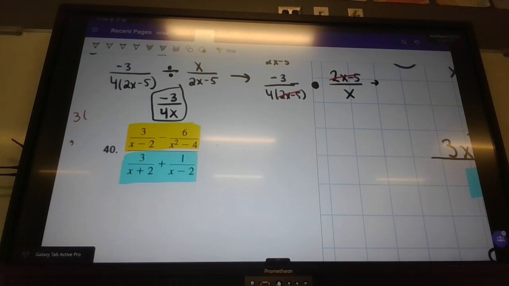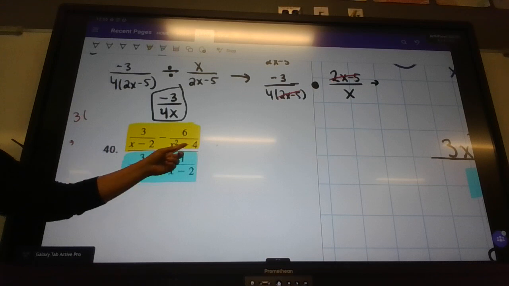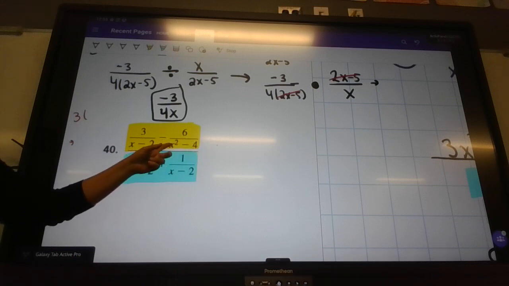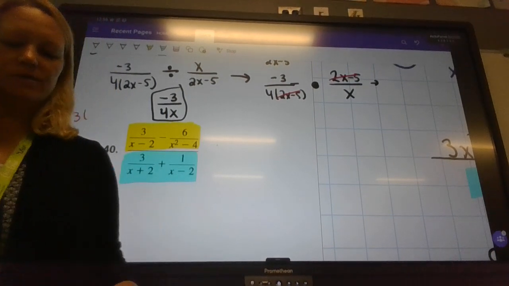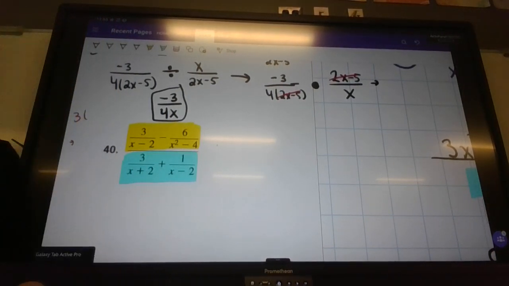Okay, I'm going to rewrite the yellow bit, but while I rewrite it, I want to keep in mind that this would be better as 2 sets of parentheses instead of the way it is. So I want to factor that little guy, x squared minus 4. How can we write x squared minus 4?